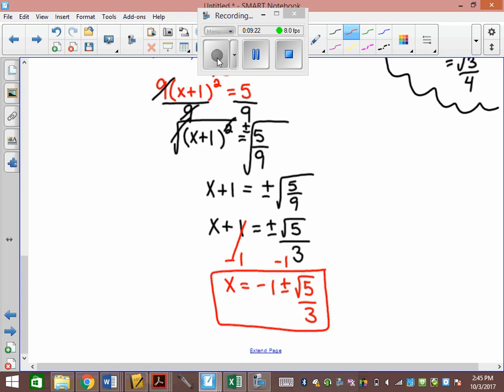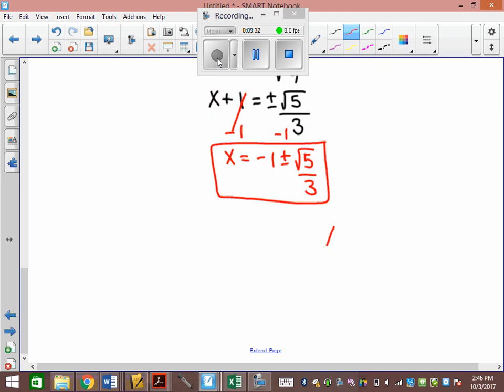So all you would have to do is make the one be a common denominator with the other so you can put them together. So I would just change the -1 into 3 over 3. This is just another option. I'd go x = -3/3 ± √5/3, because what's -3 over 3? -1. So it's the same thing as -1. What would possess me to do that?